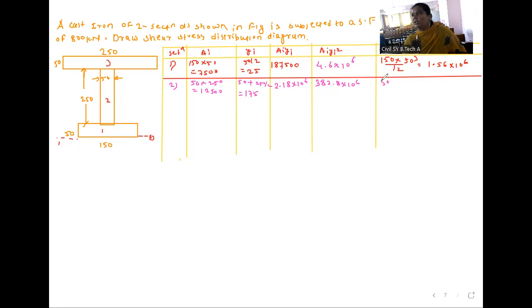So 50 into 250 cube divided by 12, which is equal to 65.1 into 10 raised to 6. After that, we will move towards third section.